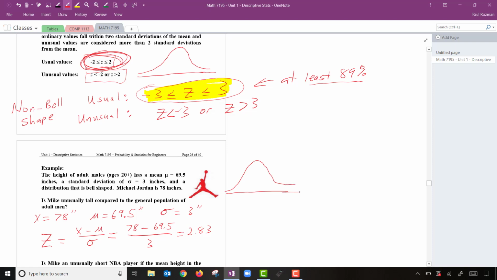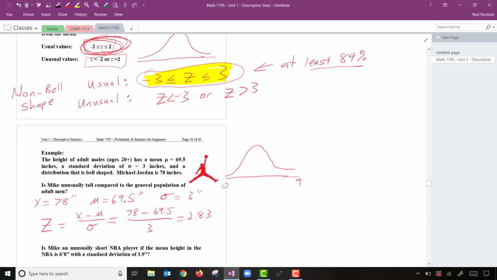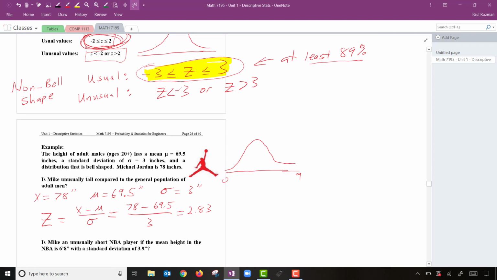It's skewed a bit because you can't be under 0, but you could be 20 feet tall. So the real shape of the thing has a bit of skewness to the right. Actually, I don't think anybody's maybe above 9 feet. I haven't looked up what the tallest person is. But I would expect it to be bell-shaped or maybe slightly skewed to the right. Because of that, I think we can apply the -2 to +2.